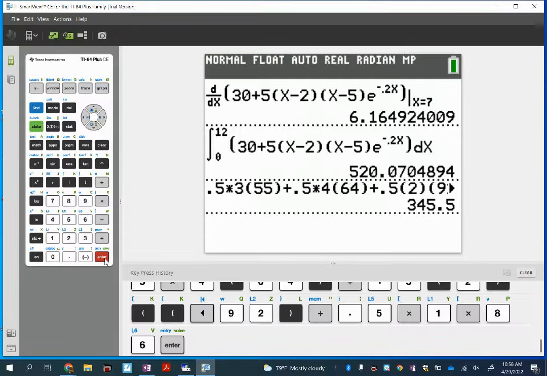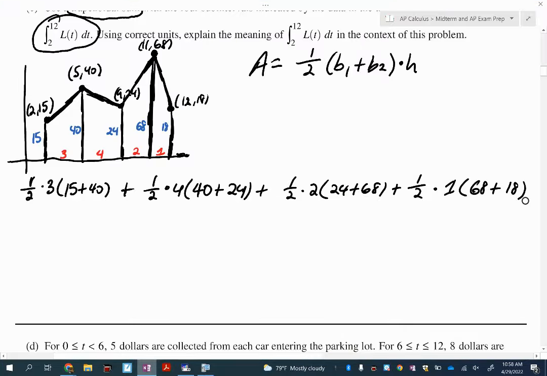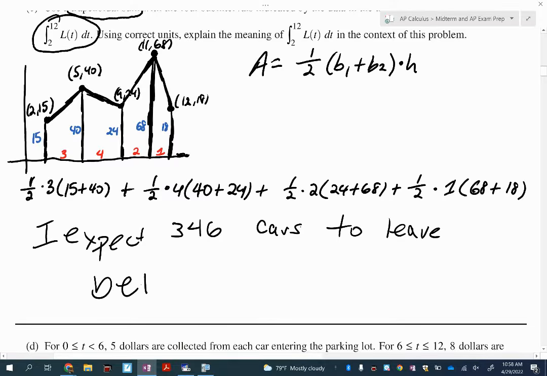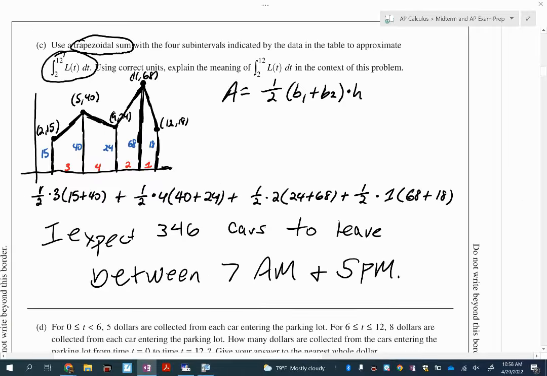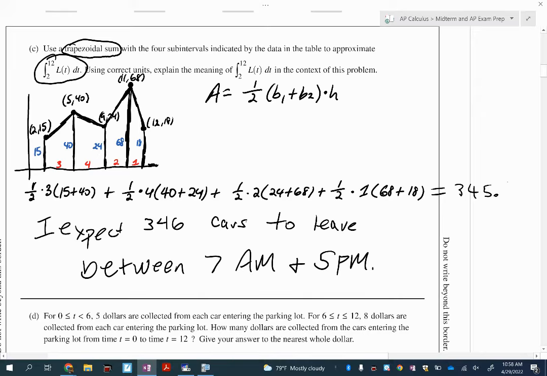I expect to see approximately 346 cars leave between 7 a.m. and 5 p.m. All right, everybody okay with C?